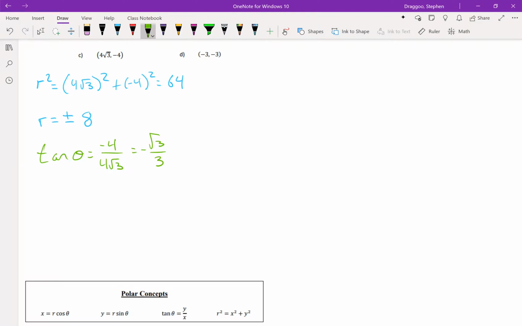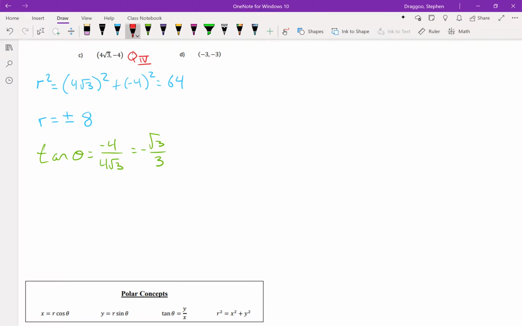Since it's negative, if I just took the tangent inverse of negative root 3 over 3, I would get negative pi over 6. But other options on the unit circle would be 5 pi over 6 or 11 pi over 6, since both of those would give a negative tangent value. So let's come back up and look at our xy point, where we have a positive x value but a negative y value, which puts us in quadrant 4.